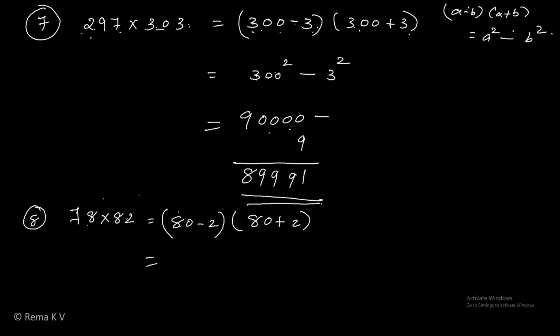Applying the same identity here, you can write this as 80 square minus 2 square. So this is equal to, what is 80 square?